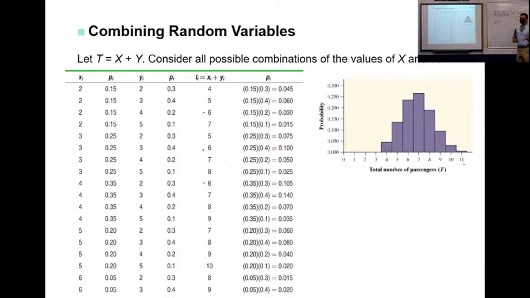If you want to double check that you're doing all of these right, all of these probabilities should add up to 1, if you're doing it correctly, just like with any other probability table. All the probabilities, if I put them together, should add up to 1.